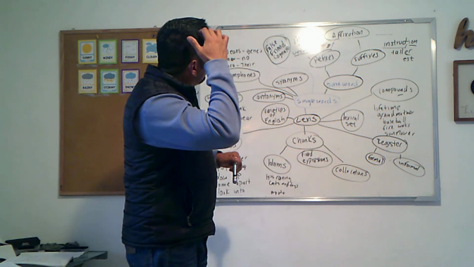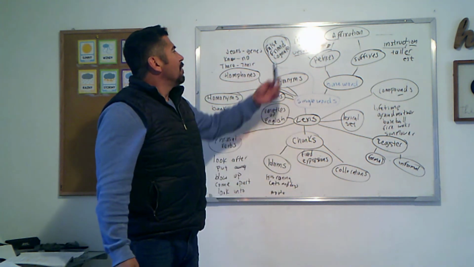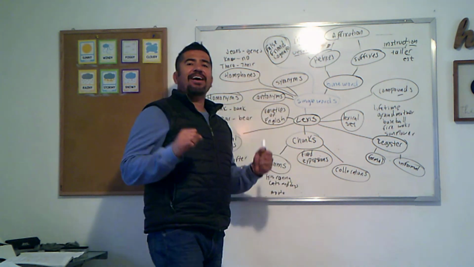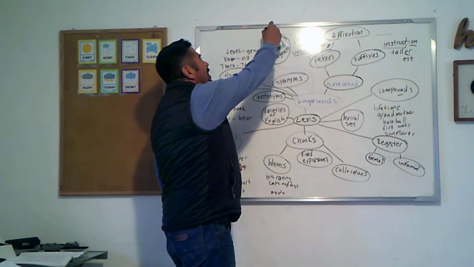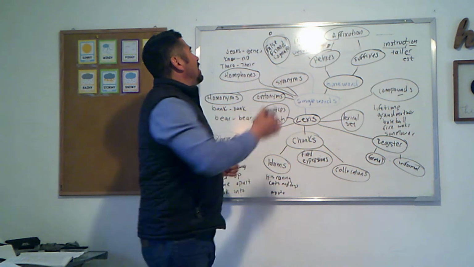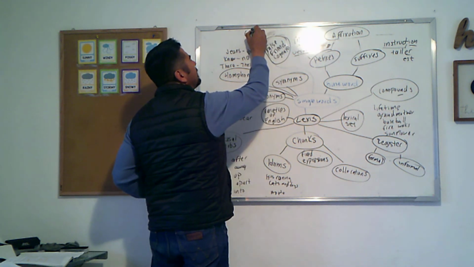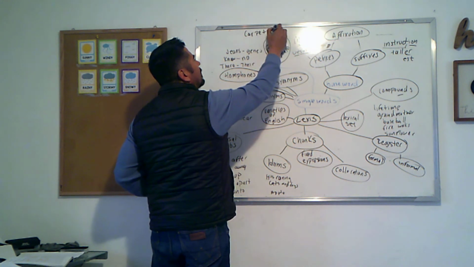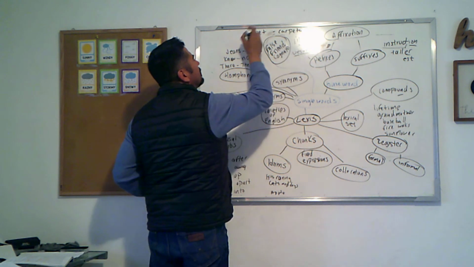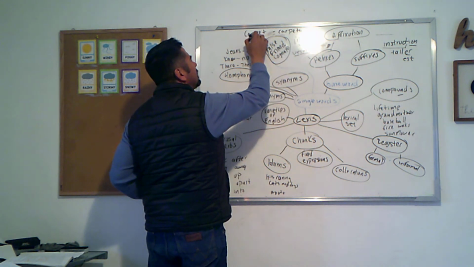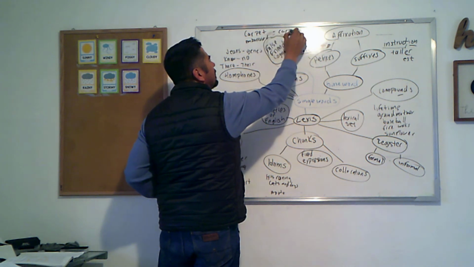Now, we also find amongst single words the ones that are called false friends or cognates. The false friends or cognates are something like carpet, carpeta, or embarrassed, embarazada.